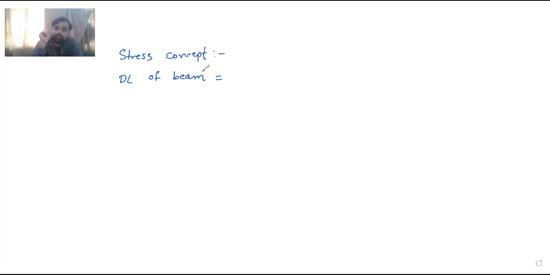But what about the dead load? They have not mentioned anything about the self weight of the beam. Inclusive, exclusive, nothing is given. So we have to consider that dead load of beam. So we can calculate that as 0.4 into 0.6 into 25. What is the value?